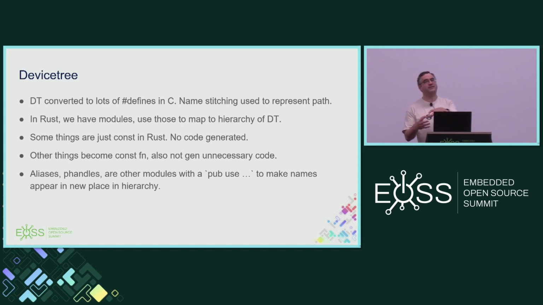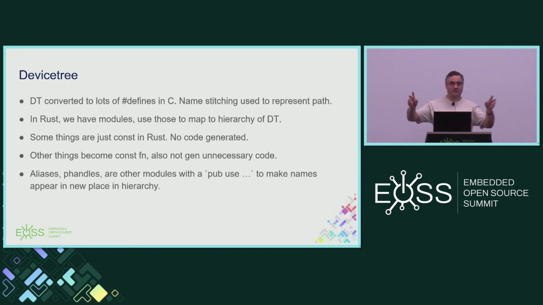It generates a device tree that's canonicalized. It doesn't have any conditionals in it. It's been through the C preprocessor. And then we walk through that based on a bunch of YAML files that describe what is allowed in the build. And then we generate this file by stitching names together of the tree.